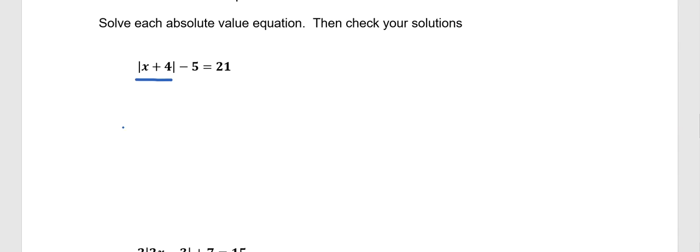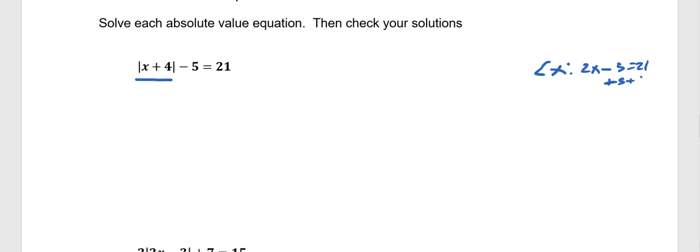You look at our first absolute value expression, you notice it's not alone. It has -5 occurring on the outside. So if we were to treat this like a variable term, let's take a similar equation: 2x minus 5 equals 21.